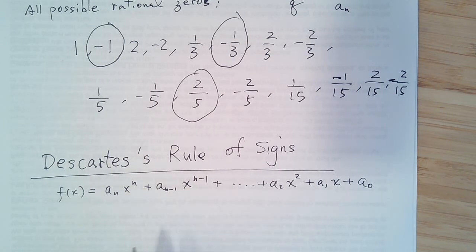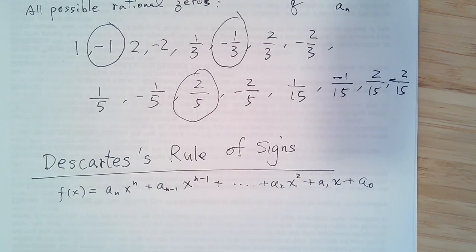The number of positive real zeros of f is either the same as the number of sign changes of f of x or less than it by an even integer. The number of negative real zeros of f is either the same as the number of sign changes of f of negative x or less than it by an even integer.